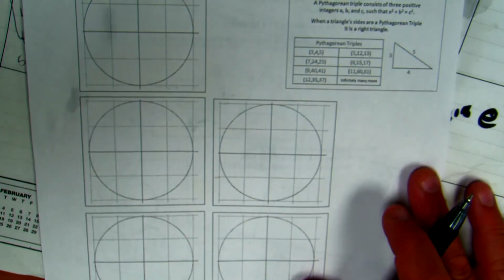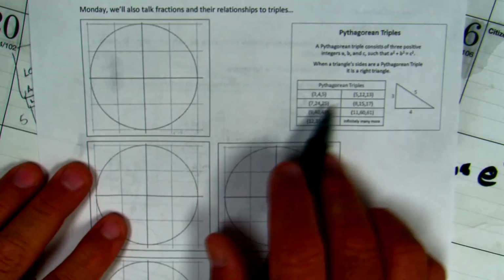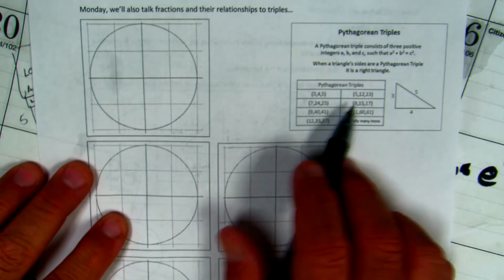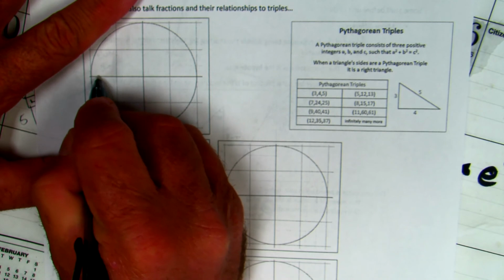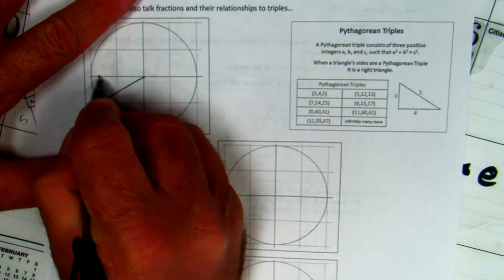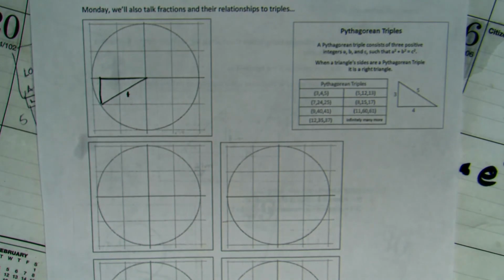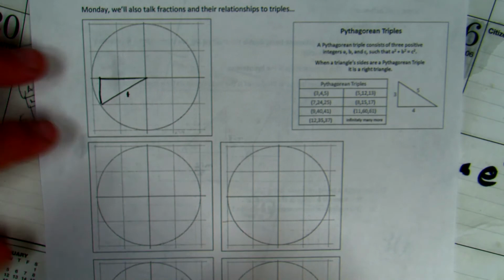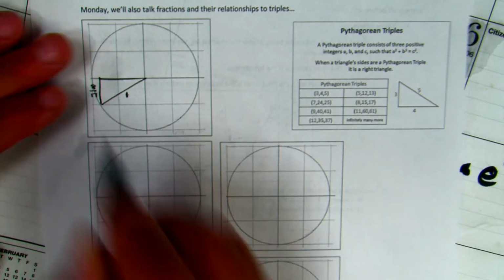Now, as we progress, we'll also talk about fractions and their relationships to triples, and you'll see the triples here: 3, 4, 5, 5, 12, 13, 8, 15, 17. What you want to do is be able to identify them. So, for example, if I come over here, again it's the unit circle, so this is 1, and I'm going to say that this is 8 over 17.